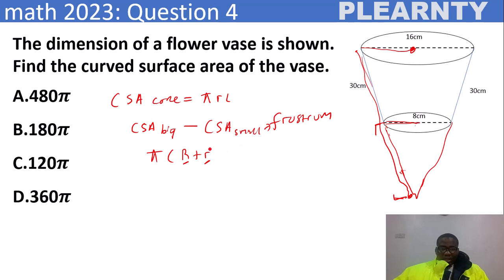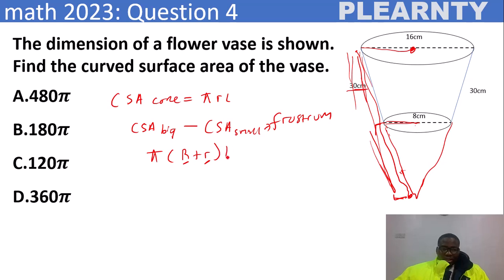Then you say L, which is the slant height. In this case, this slant height is the slant height of the frustum, not the entire slant height of the big cone or the slant height of the small cone. It is that of the frustum, which is this 30, and it is given.